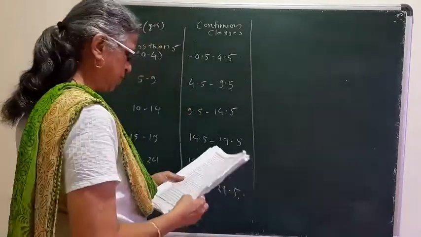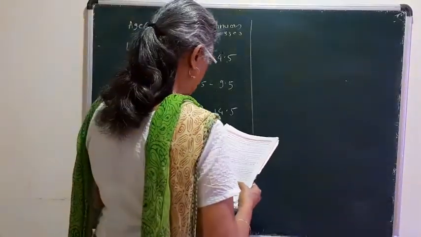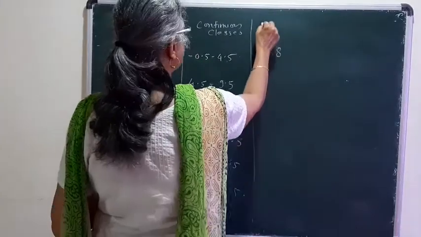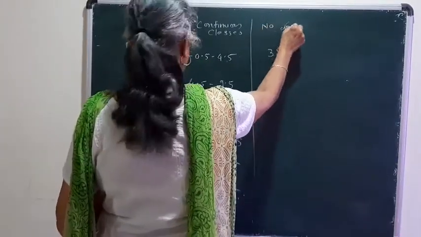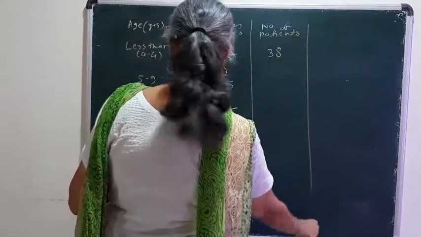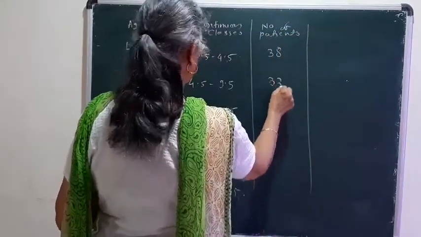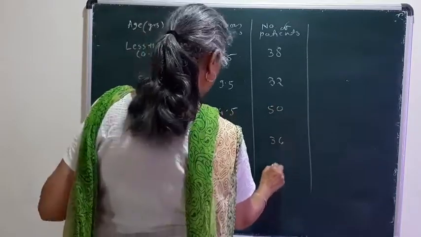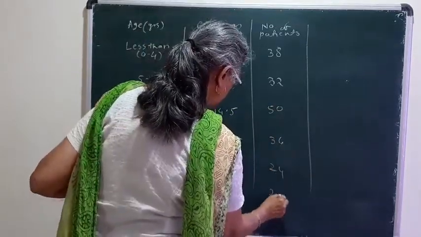Now I will write the frequencies: 32, 38, 32. So here frequency means number of patients. 38, 32, then 50, 36, 24 and 20.